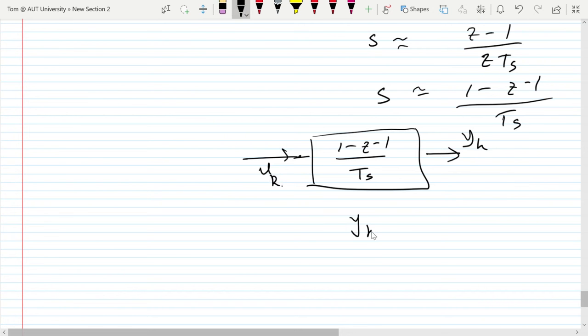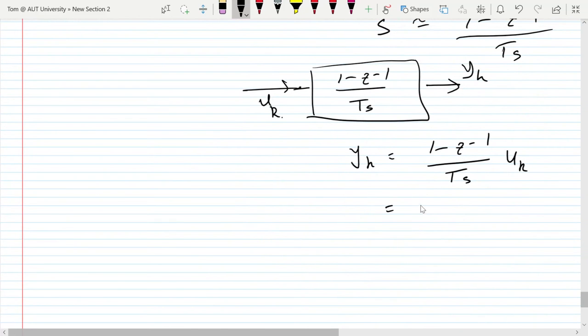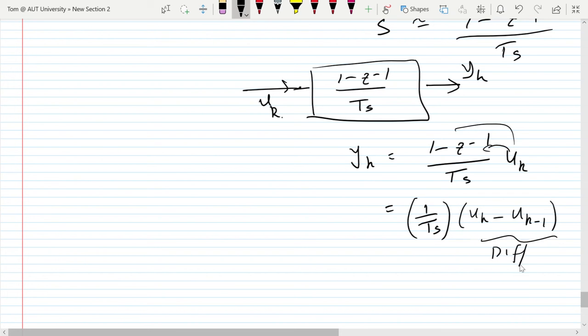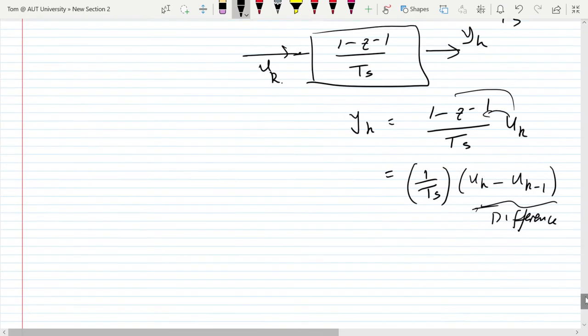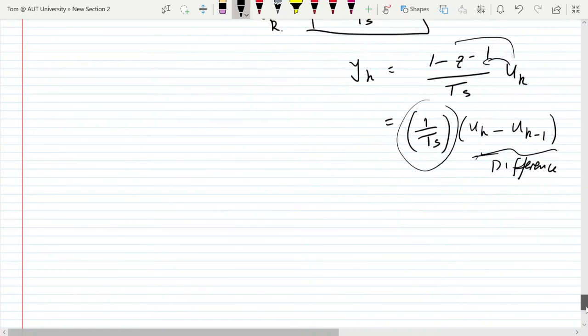Then we get y of k is equal to (1 minus z to the minus 1) over TS times u of k, and that is just purely 1 upon TS times u_k minus u_(k-1). So that's just a difference. The first difference, so differentiation is just a difference. And again, it's multiplied by this thing here, which is 1 over the sampling interval.